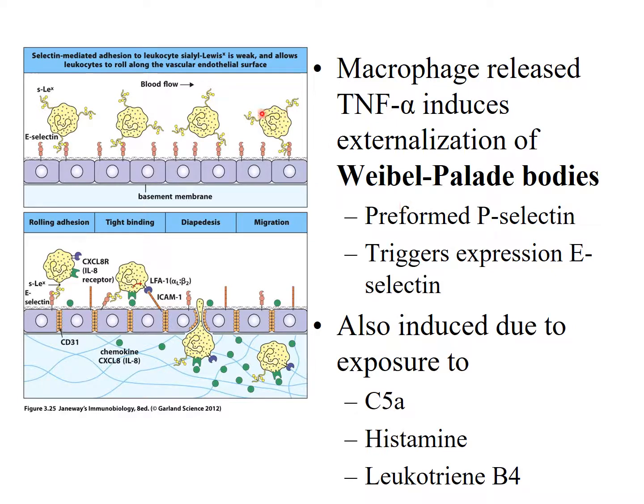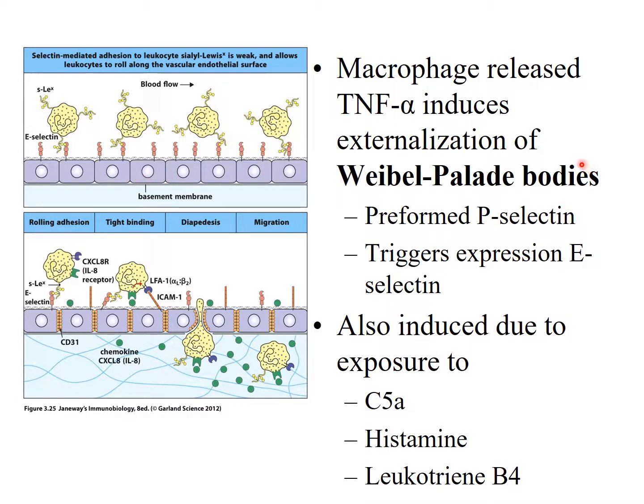So, macrophage in the tissues comes across something it shouldn't, and it releases TNF, tumor necrosis factor. Tumor necrosis factor then interacts with other cells. Some of the cells that get activated are these endothelial cells.